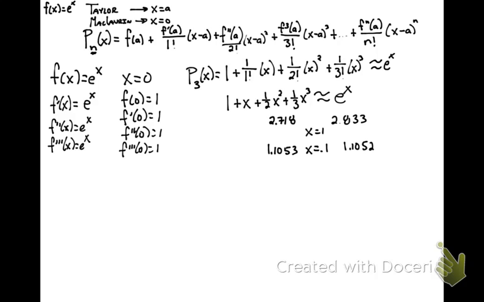Also notice that if we had continued on with our series and just kept writing it out, we would have eventually ended up at an nth term. Right, 1 over n factorial times x to the n.